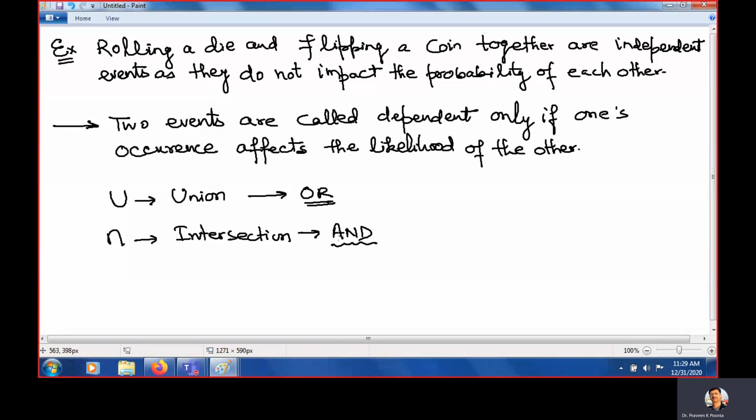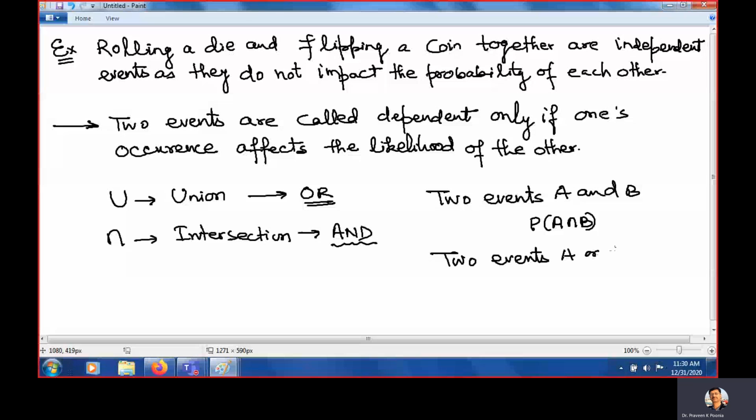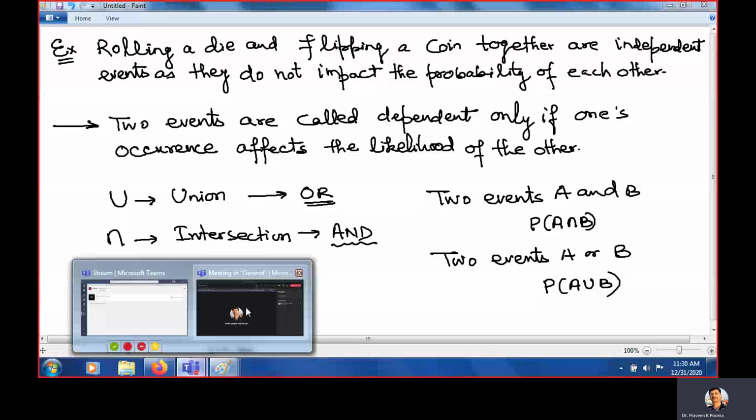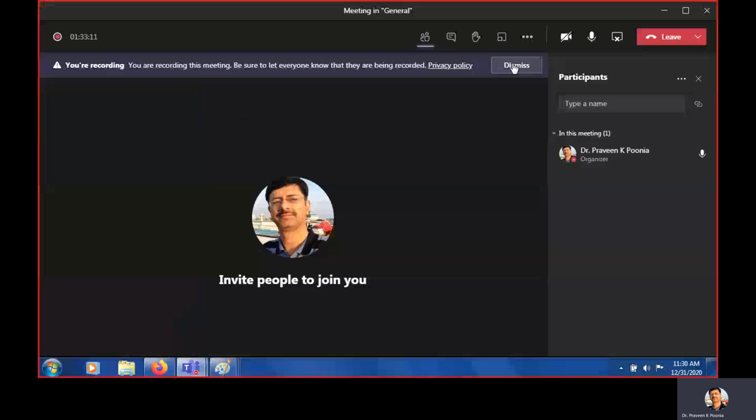So if I am talking about two events A and B, that means I am asking about the probability of A intersection B. And if I am writing A or B, then I am asking the probability of A union B. So my dear friends, in the next lecture we are going to discuss these two important concepts of probability, one is the intersection, another is the union. Thank you very much.